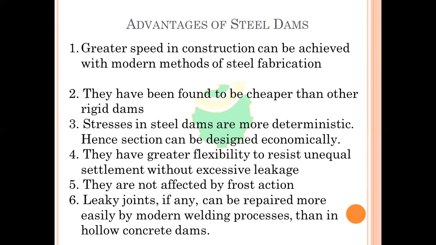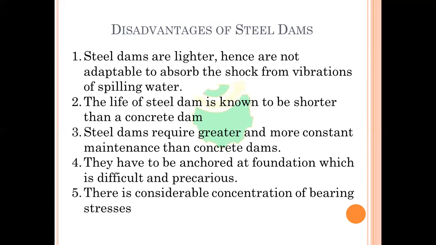Stresses in steel dams are more deterministic, hence section can be designed economically. They have greater flexibility to resist unequal settlement without excessive leakage. They are not affected by frost action. Leaky joints, if any, can be repaired more easily by modern welding processes than in hollow concrete dams.